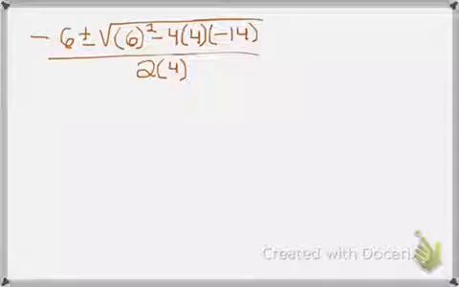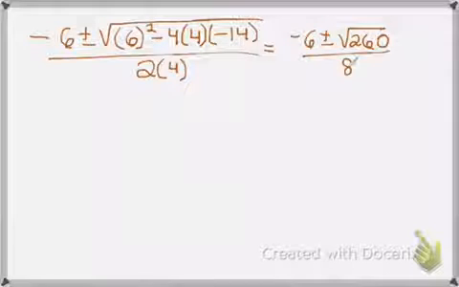Make sure you type in the calculator everything that is under that square root. So it'll be 6 squared minus 4 times negative 14, and that gives me the square root of 260. So it'll be negative 6 plus or minus square root of 260, all over 8.